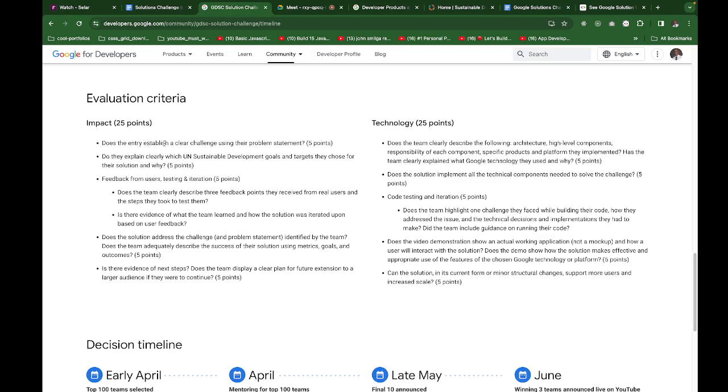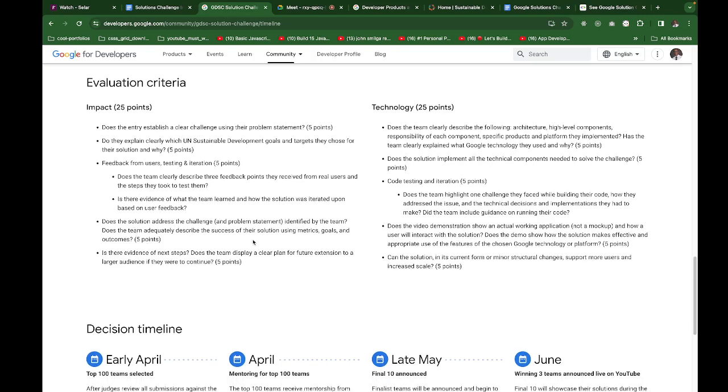Does your entry establish a clear challenge using the problem statement? Is it solving one of the SDG goals? The feedback that you got from your users, the iteration on it, and the technology that you used as well. All of these resources would be dropped as well.